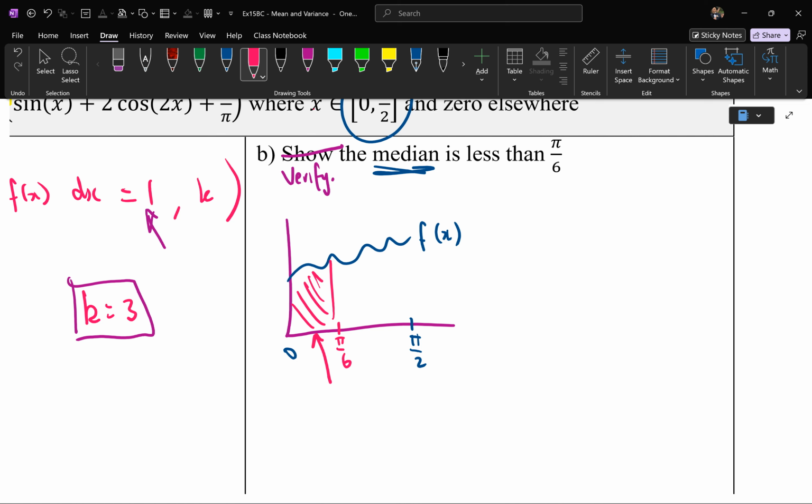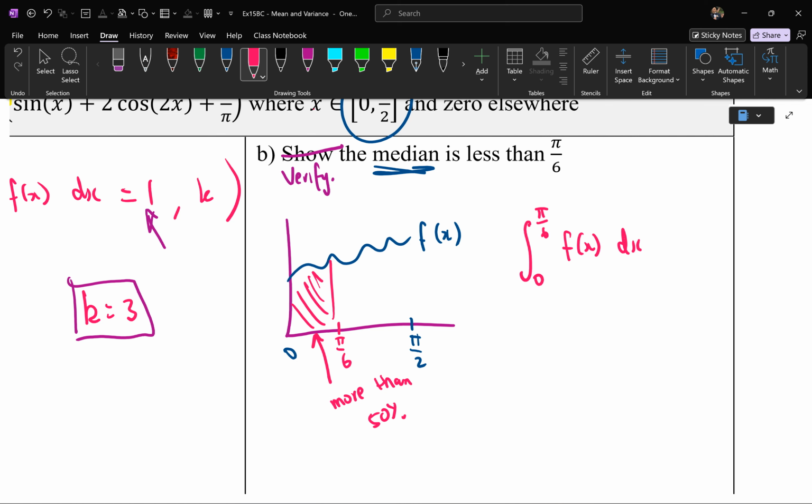So all you have to do is work out the integral from 0 to pi on 6 of f of x dx. This one has to be more than 50%, since the entire area is 1 and the median is less than that. So from 0 to pi on 6 should be more. That's why I know the median has to be on the left side.